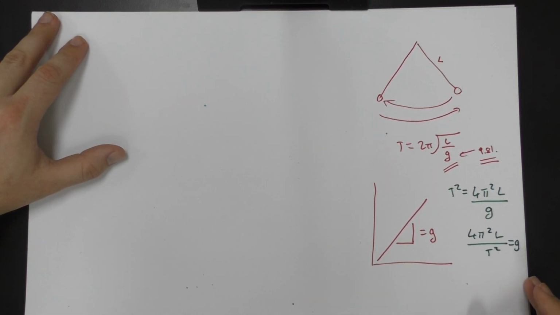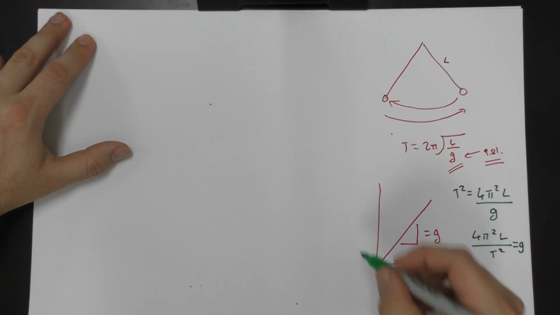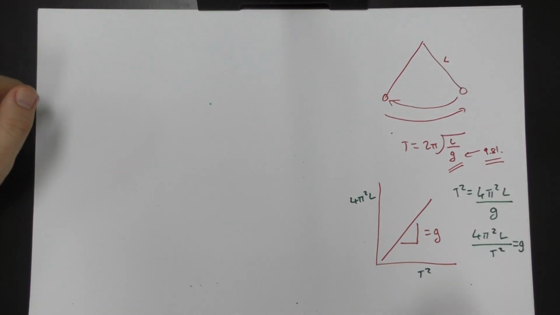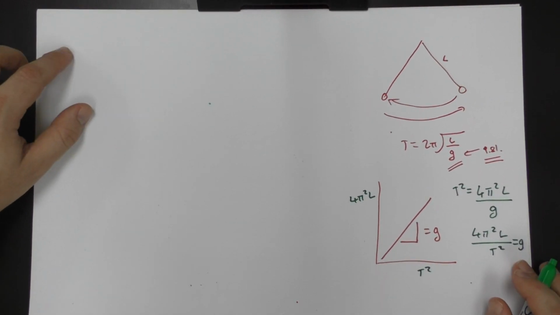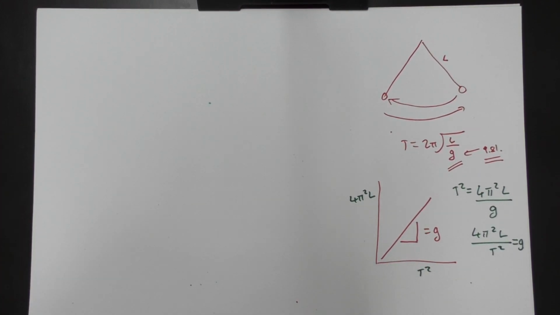So that tells us what our axes are going to be. So we want T² on the bottom here and 4π²L, where L is the length of the pendulum that you're using. So you can use that to find g. And it is often used to find g in various situations, and one of the better ways of finding g, if you're asking my opinion.